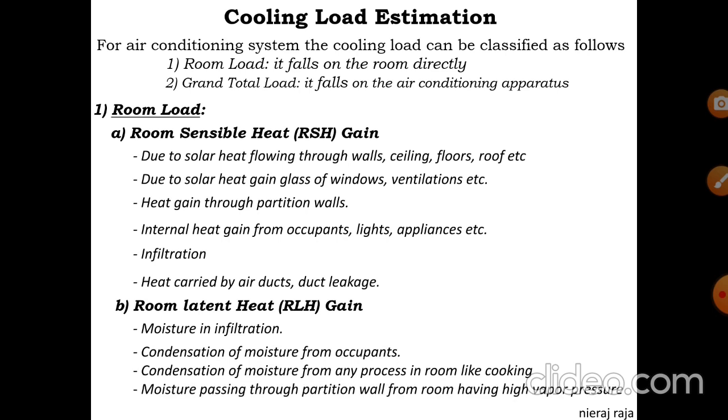Again, through a partition wall, a permeable wall, where on one side of your room there is a high water vapor pressure, moisture would pass directly through that permeable wall into your air conditioned room. So these are a few sources for your cooling load estimation, that is room load. That could be sensible heat, that could be latent heat.